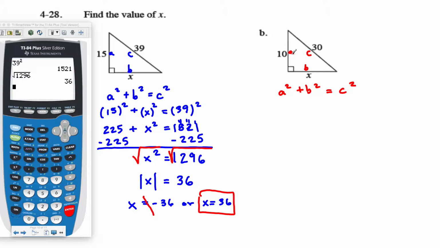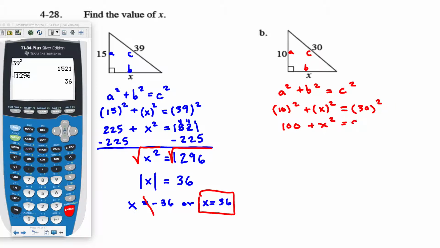I'm going to plug in the values that I know. I know the a is going to be 10, so I have 10 squared plus, I know the b, we're going to call it x, so we're going to have x squared equals, and c is 30, we're going to have a 30 squared here. 10 squared, 100, plus x squared should equal 30 squared.